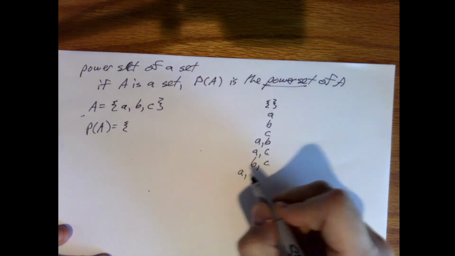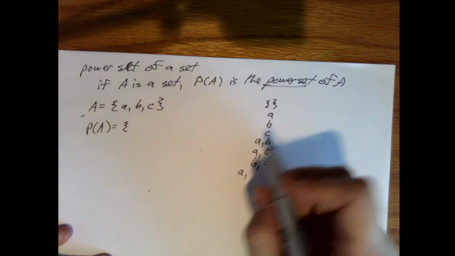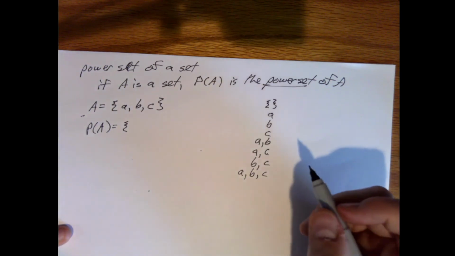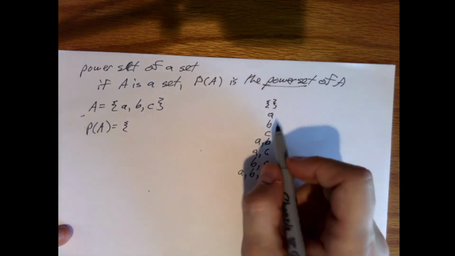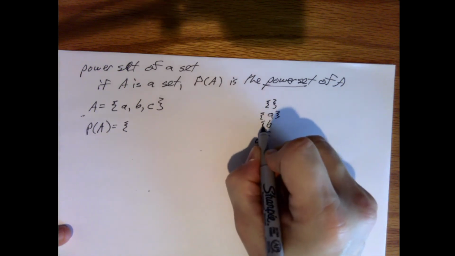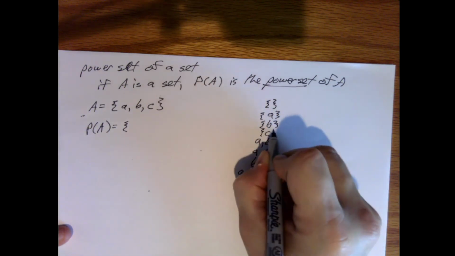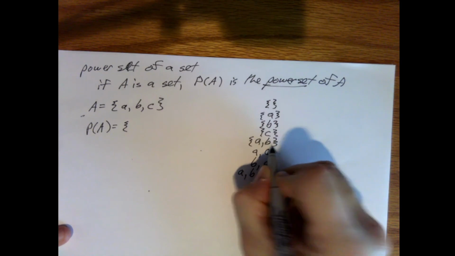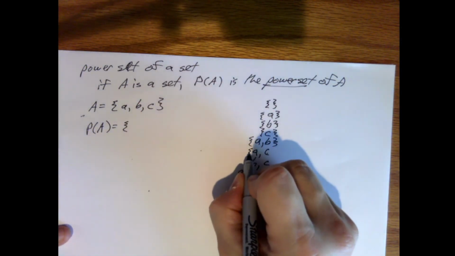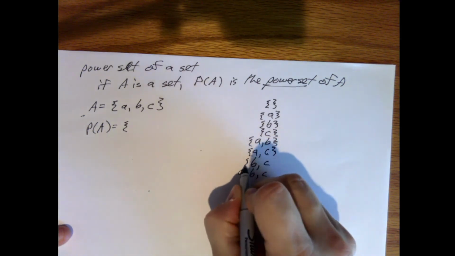And then we could have a subset containing all the elements. Okay? And each of these is actually its own set. So this really should be this. So they're subsets of the original set, which are, of course, sets themselves.